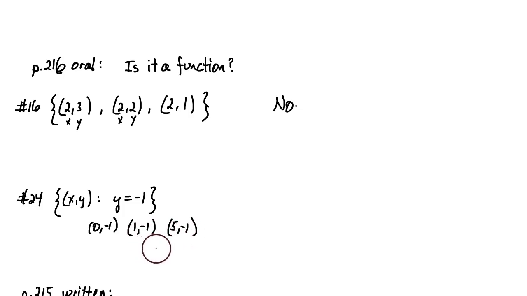But we want to know if this is a function. Is there ever a time where the same x value produces multiple y values? No, there's not. When x is 0, the only y value produced is -1. There's not another ordered pair that also has x equals 0 and some different y value. So yes, this is a function.